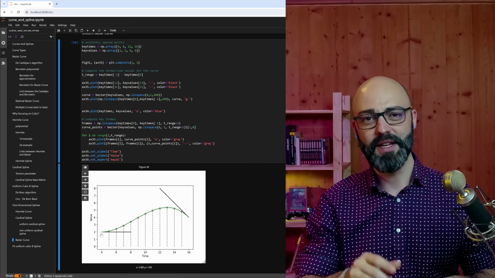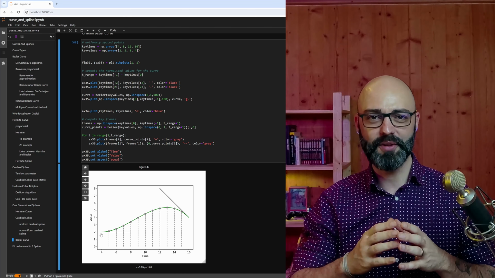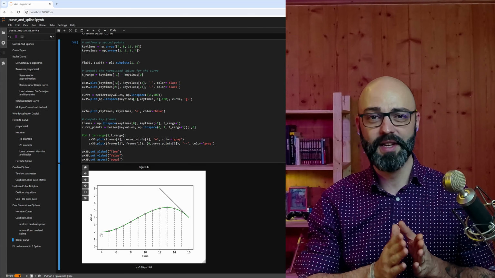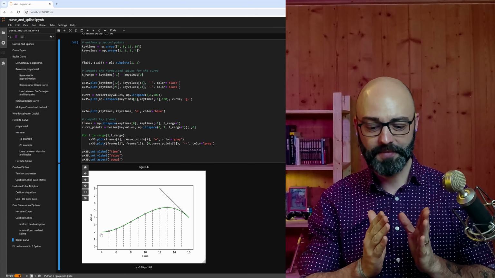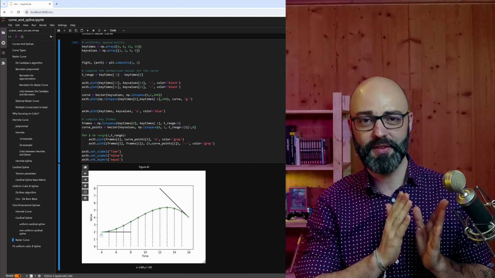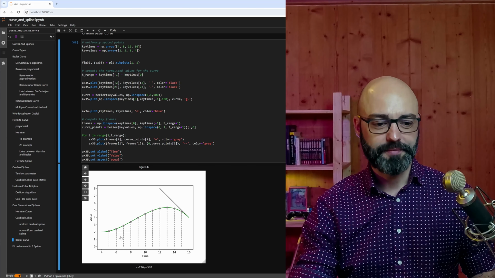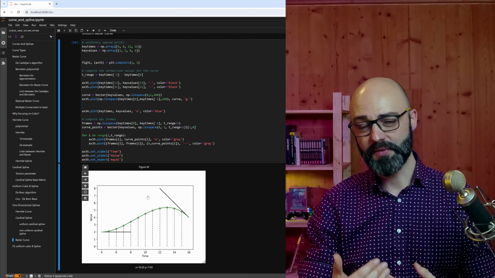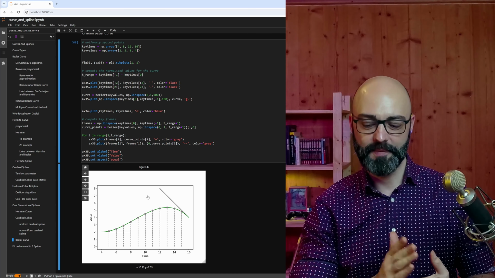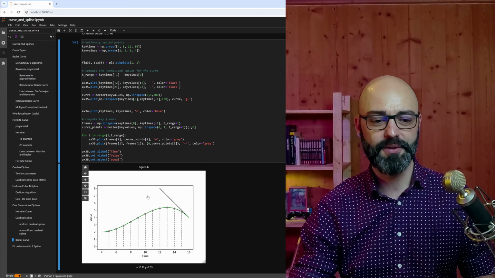That's one of the hints why we have to do it, because a uniform Bezier curve basically is split in 4 parts. So it's 0, 1/3, 2/3, and 1. So it works if you really put all your points along those values.